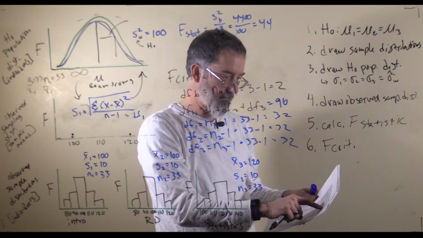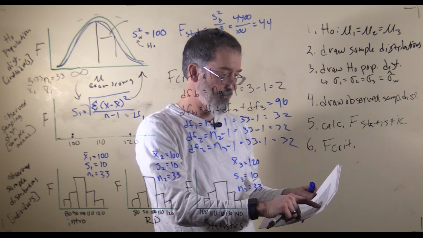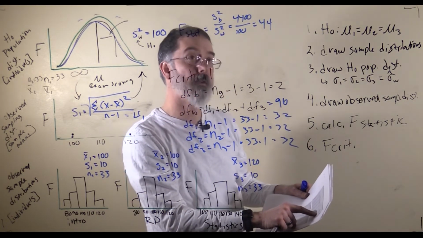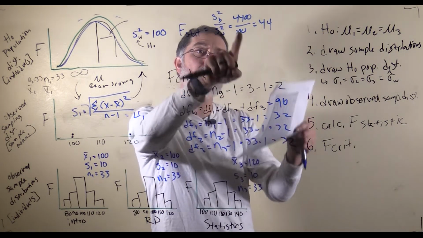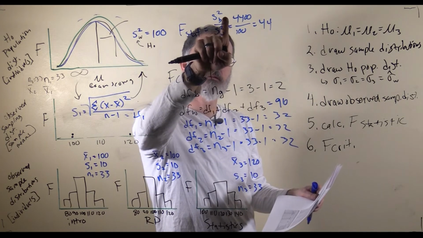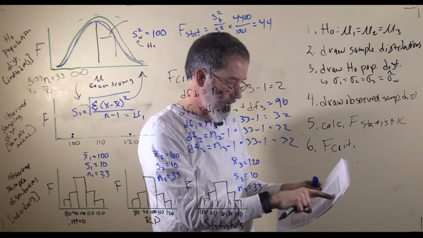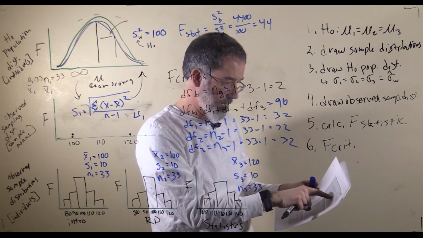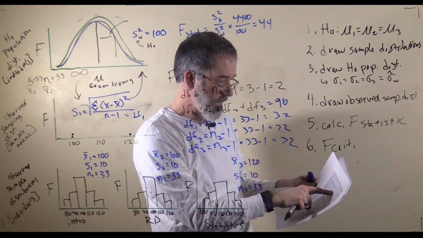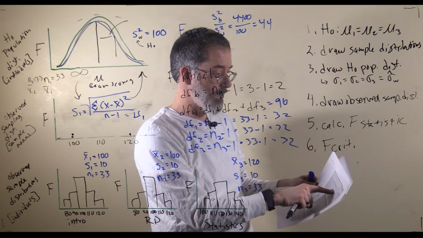And our significance level, that's our alpha, will be 0.05. Next we need our numerator degrees of freedom. The numerator is the top of a ratio, so that's our between groups degrees of freedom, and that's 2. So we go over here to the 2 column, and the F critical is 3.09.